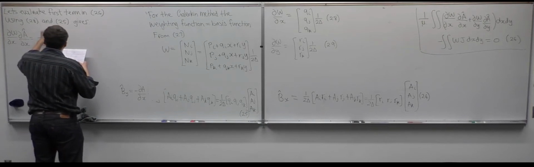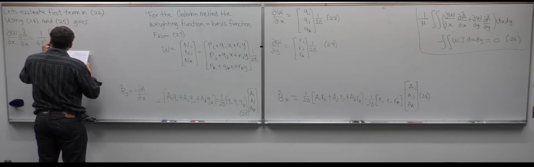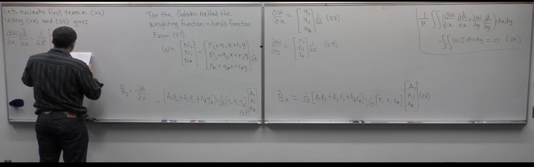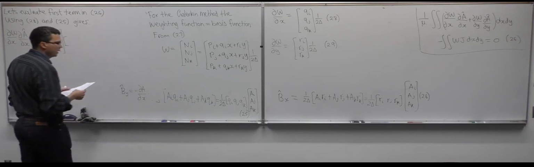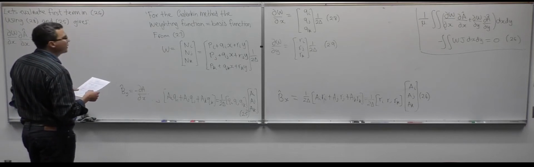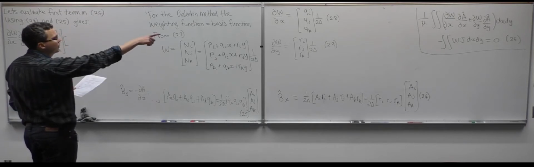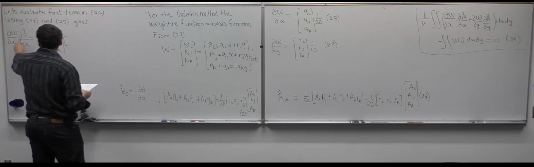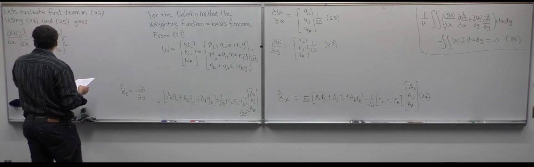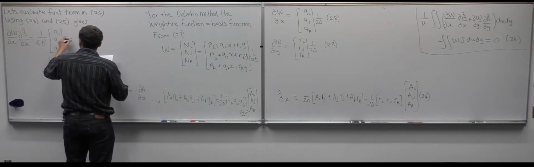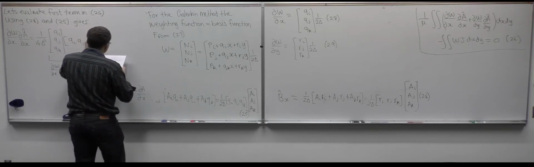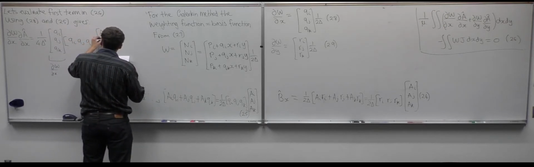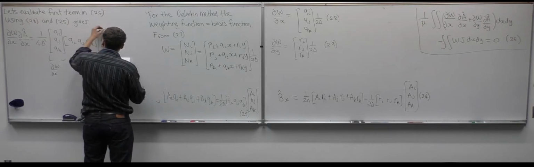Then we have Qi, Qj, Qk, that's the 28, and now we've got to multiply that by the derivative del A del x. So this is from the del W del x term. So we get Qi, Qj, Qk times Ai, Aj, Ak.